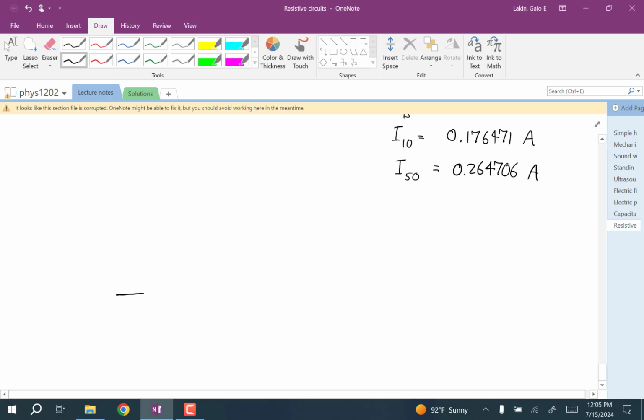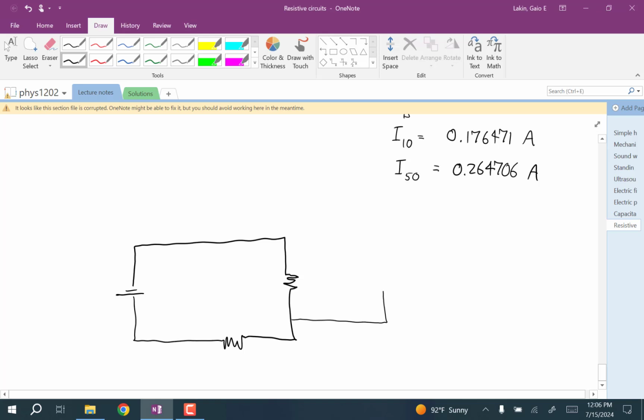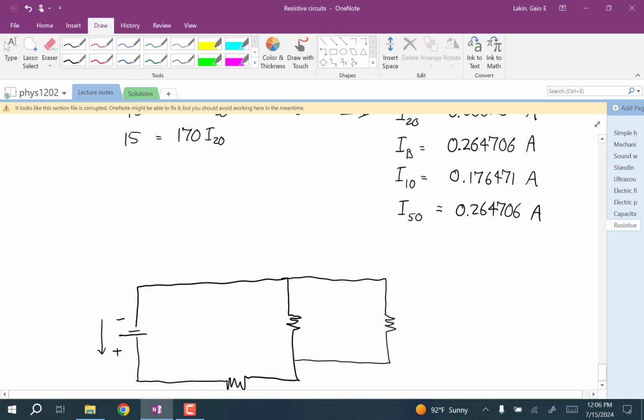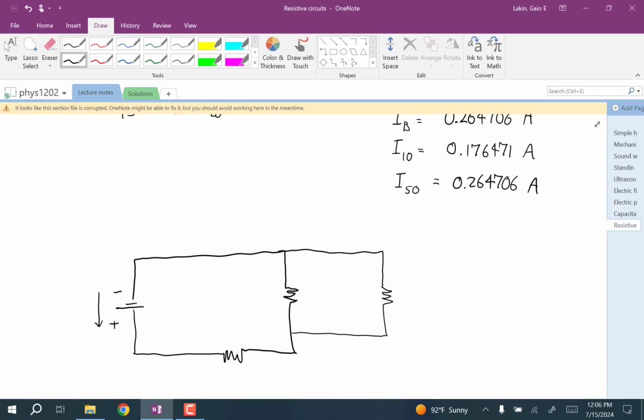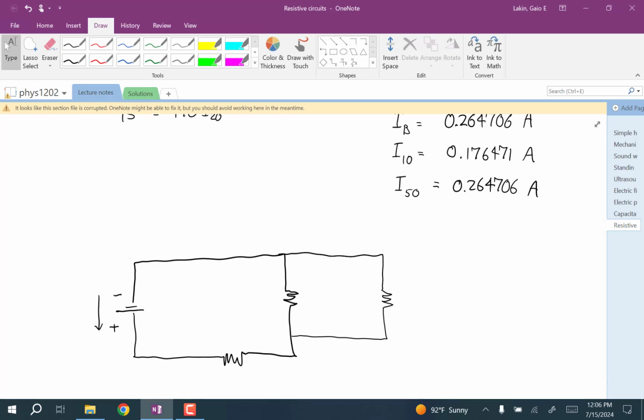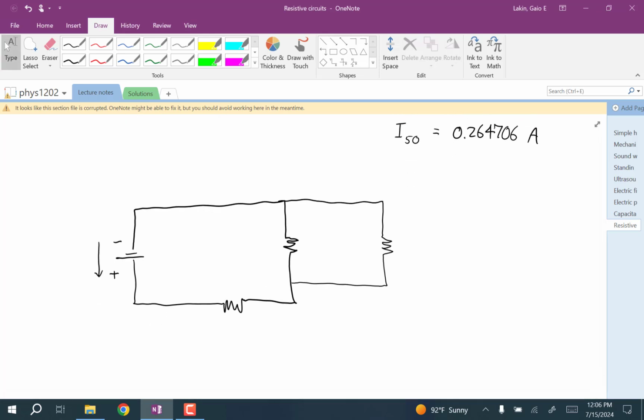So, as a final answer, our battery has that polarity. Our current at the battery, since everything came out positive, is in the direction we guessed. So I'm going to call that 0.26, just rounding.